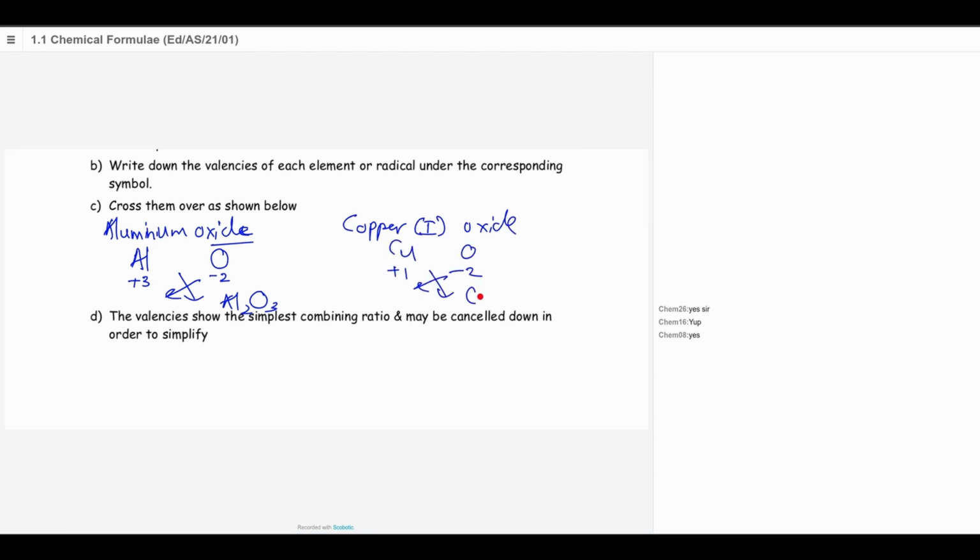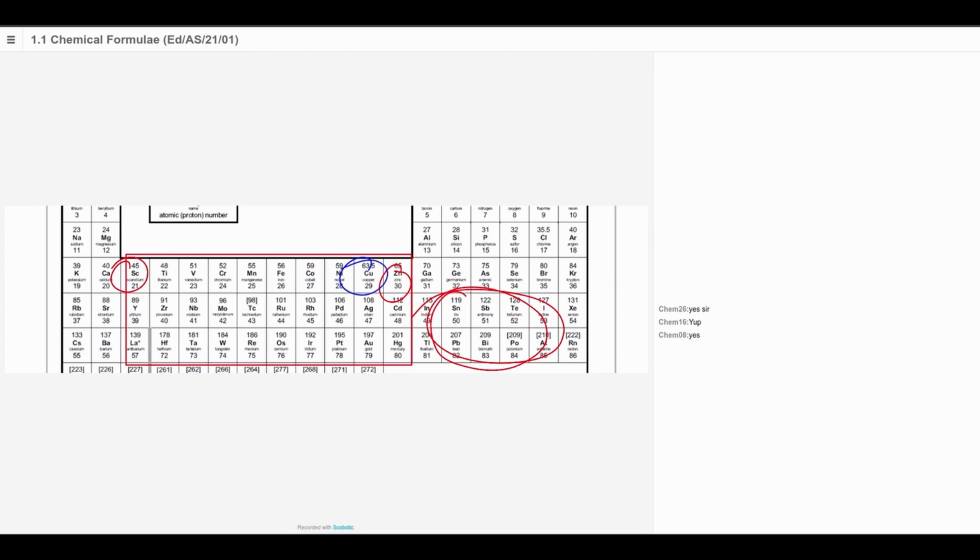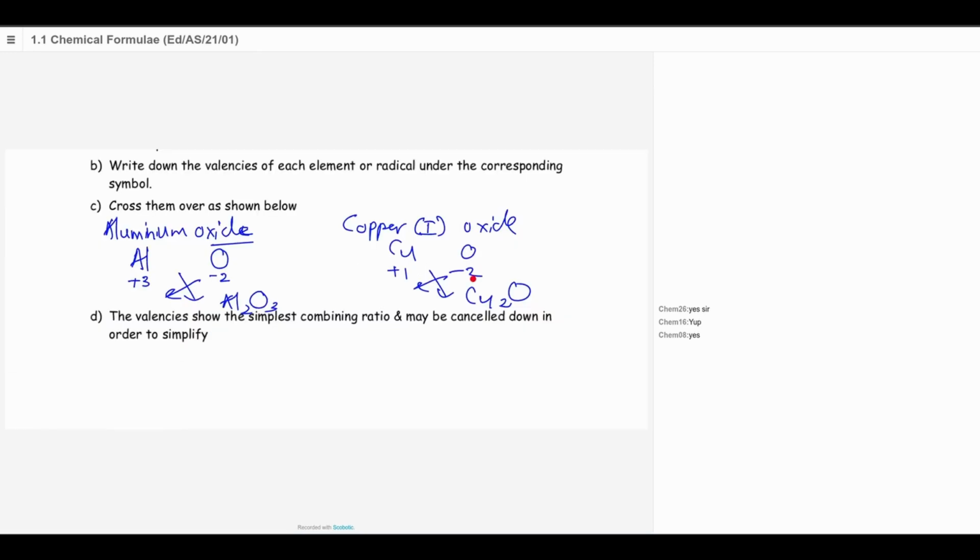You cross the valencies. Copper(I) oxide. Why do I give the copper in capital Roman numerals in brackets? Because copper is an element which has more than one oxidation number. It's a multi-oxidation element. So when you have multi-oxidation elements, you have to indicate the valency in capital Roman numerals.